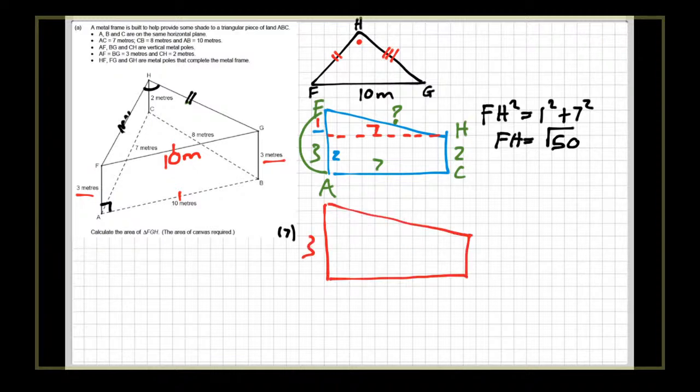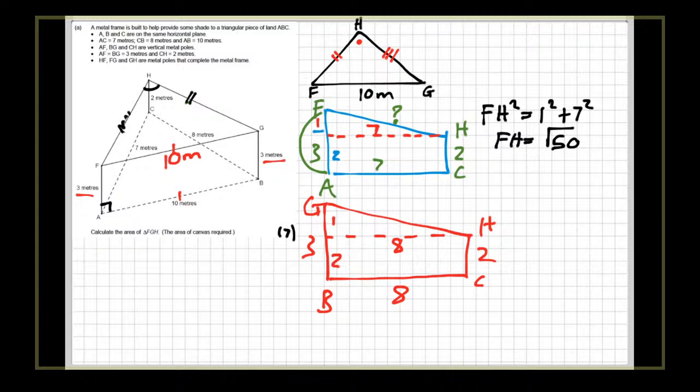There's 3 meters, that is B, G, H, C. That is 8 meters, which means, again, let me not forget that there's a 2 there. If I construct my triangle, I'm going to get 8 and 1 again, because that is 2.